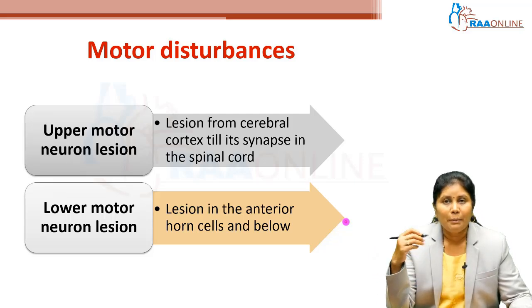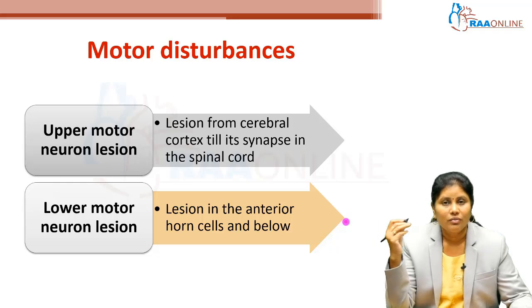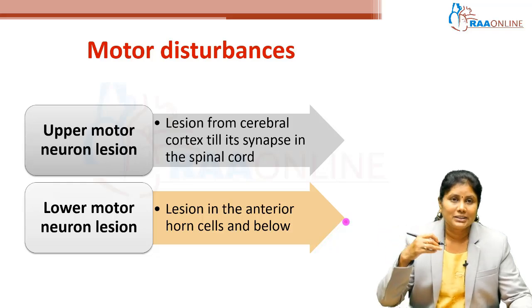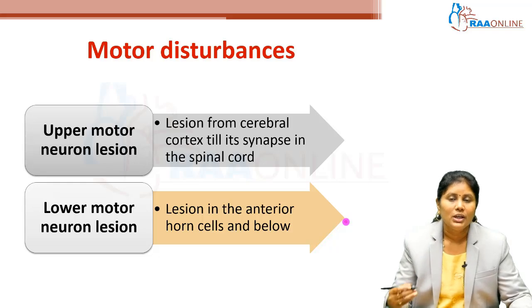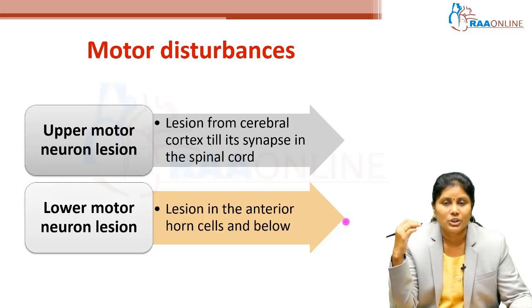Upper motor neuron lesion is any problem or lesion from the origin of the motor neuron, say for example from the cerebral cortex motor areas 4, 6, 3, 1, 2, from its origin till its synapse in the spinal cord. A lesion anywhere in this range is called an upper motor neuron lesion.